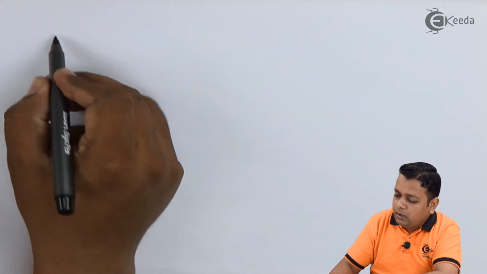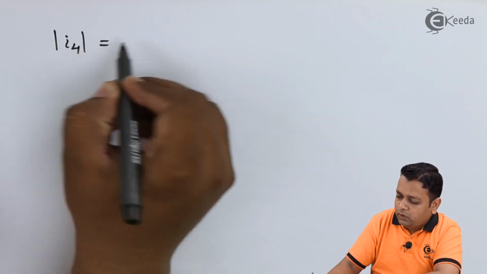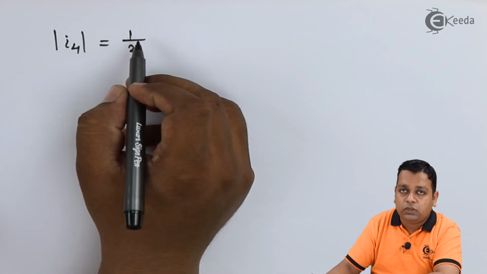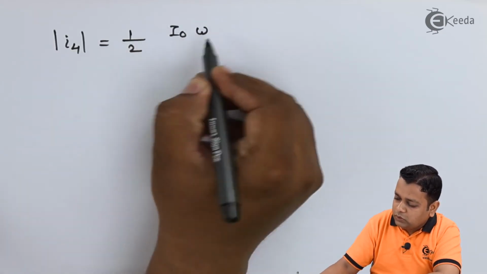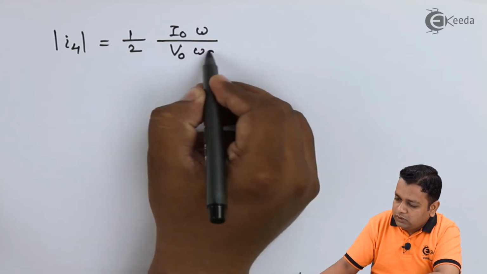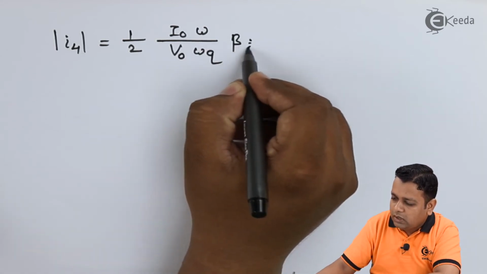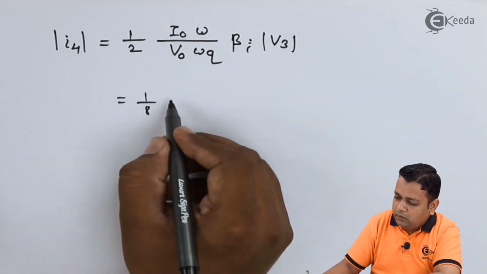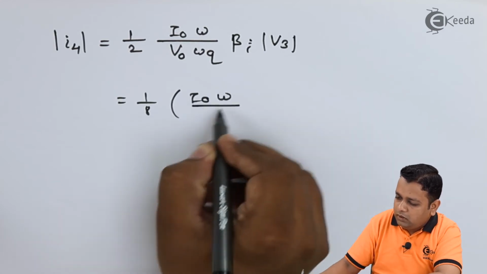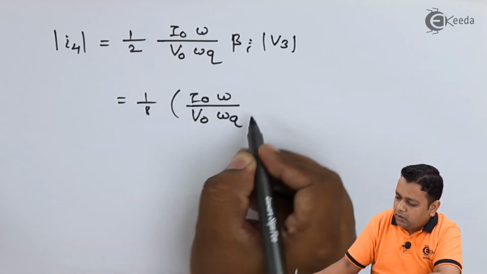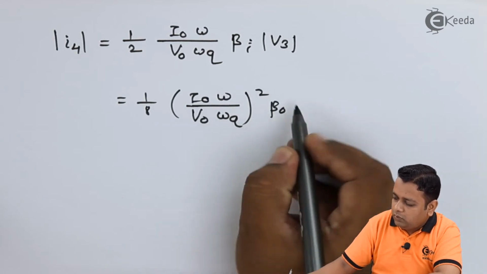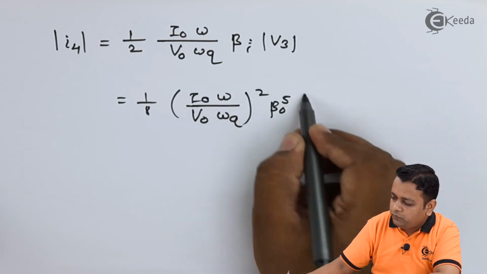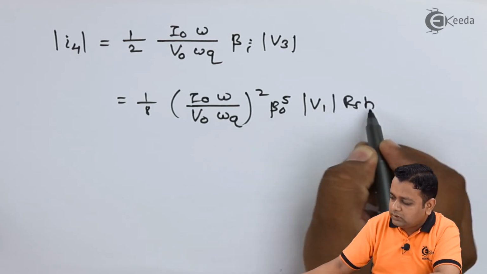Therefore, the RF convection current for the fourth cavity or the output cavity can be denoted as mod of I4, and will be computed as 1/2 I0 ω / (V0 ωq) into beta I into mod of V3, which is equal to 1/8 (I0 ω / V0 ωq) squared, β0 to the power 5, mod of V1 into RSH squared.